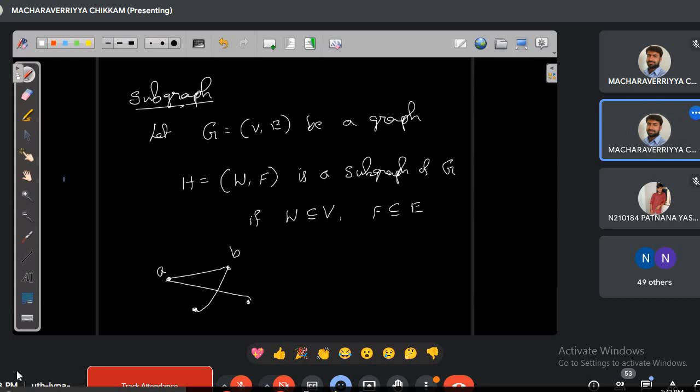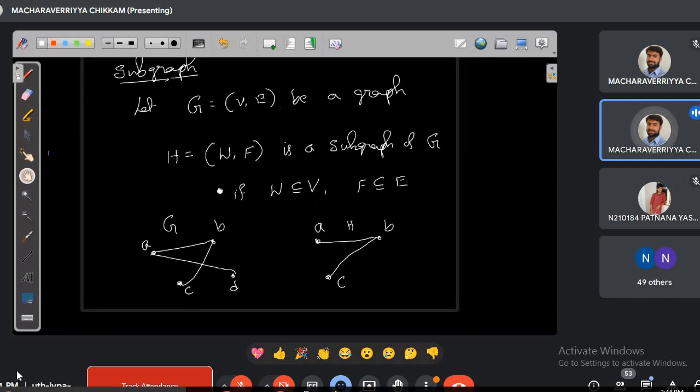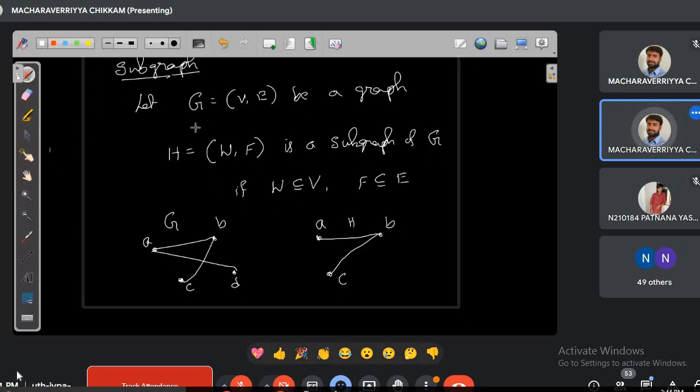Okay, for example, let me take this graph. So this is the graph between A, B, C, D. Now I'd like to draw one subgraph of it, and that is this one on A, B, C. So now this is the graph G and the subgraph is given here, H. Alright, you see that there are 4 vertices in G and I am taking a subset of this vertex set, that is A, B, C. I am not taking all vertices of G in this H. Now, how about edges?